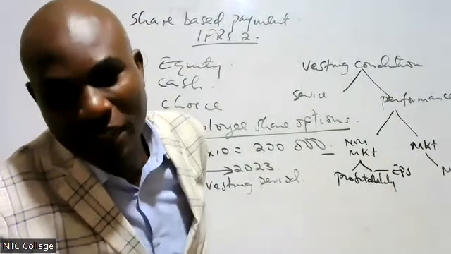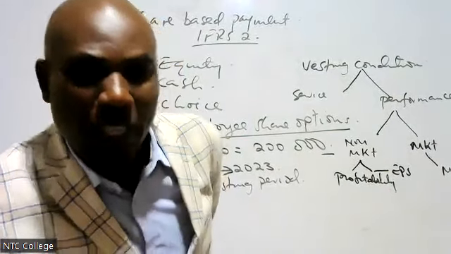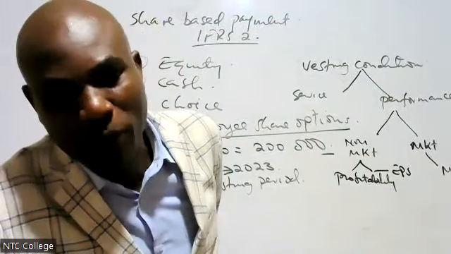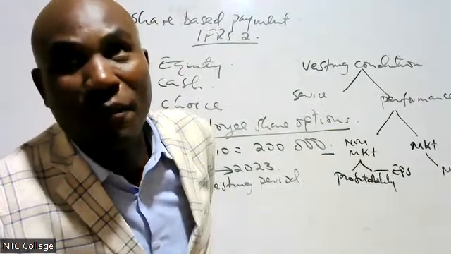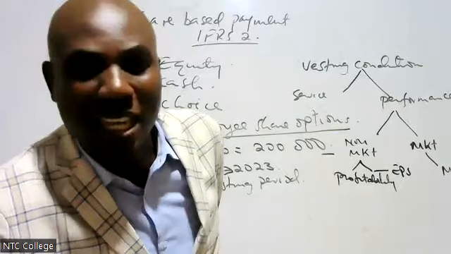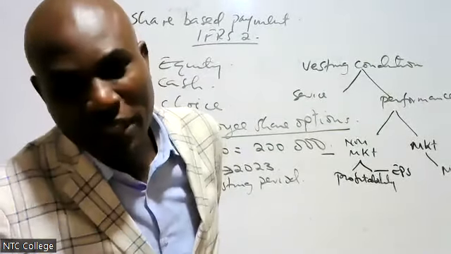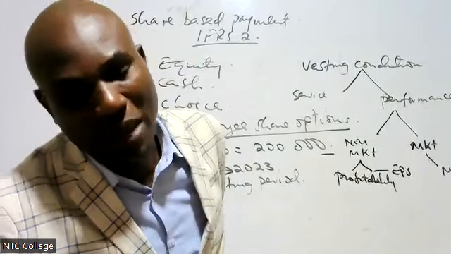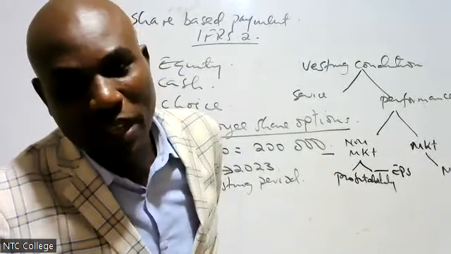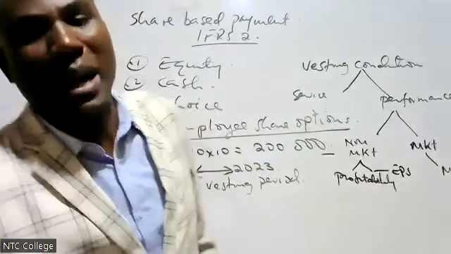What is the market price per share of Safaricom? It's around 13 or 14. Therefore, if the company tells us that if it moves to 20, then I will give you shares, that is the market price per share, that is the market condition. But profitability and EPS, that is non-market.